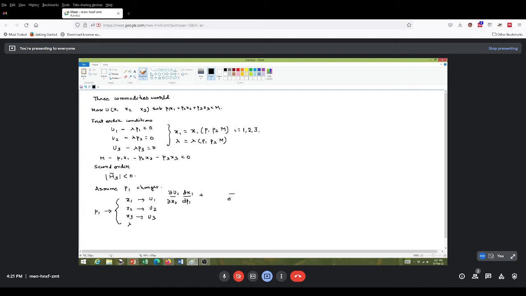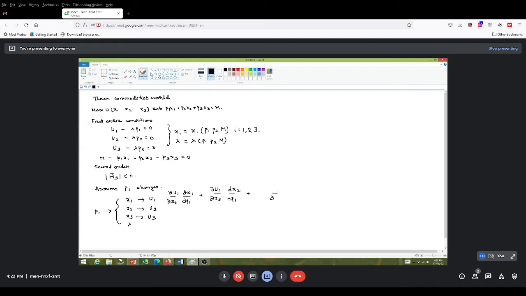Then P1 changes, X2 will change. We are talking about this effect. So X2 has changed. This will lead to a change in U1. Then X3 changes.